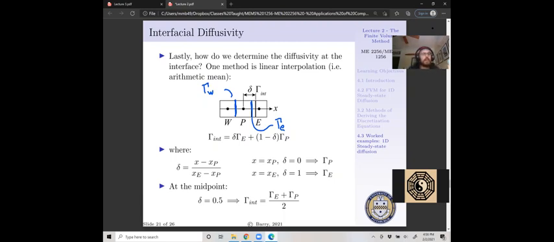Now, more often than not, your diffusivity is a non-constant value. It's going to be a function of temperature. So that's always fun because you first would have to know the temperature of these cell centers, and then we can do linear interpolation, everyone's favorite.